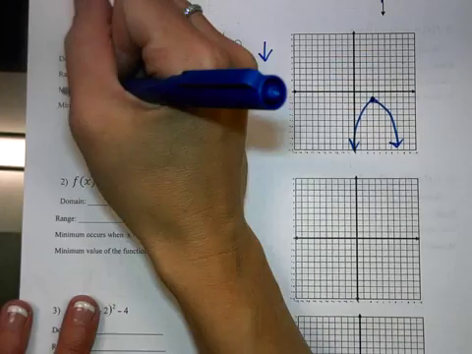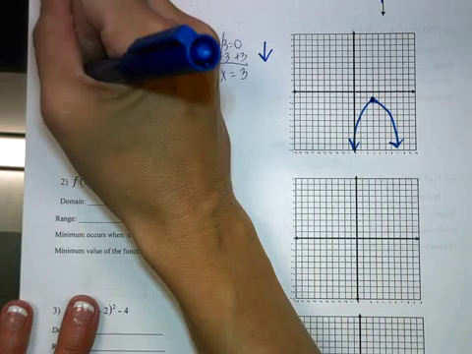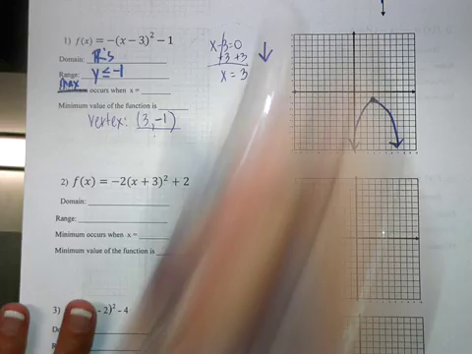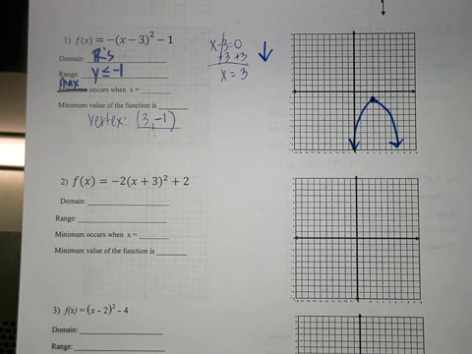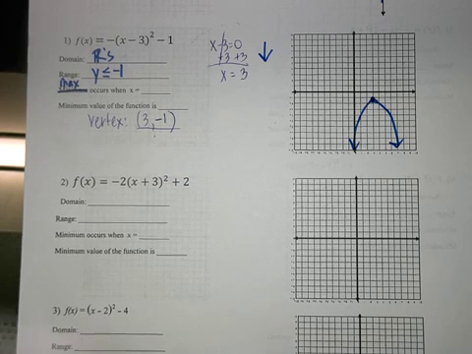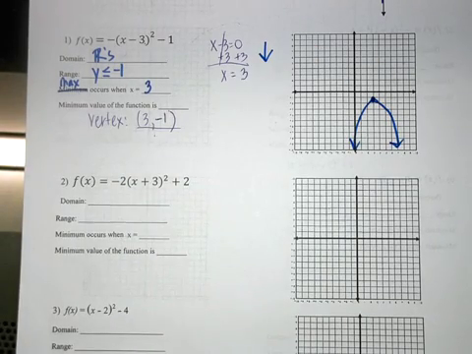And so they have made a mistake here, but the minimum occurs, it actually should say the maximum occurs when x equals what? 3.